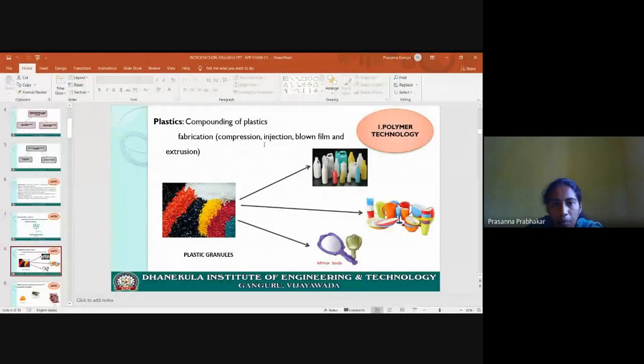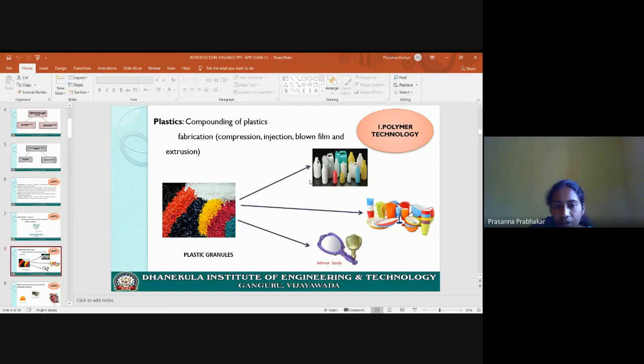Next, compounding of plastics. The word plastics is derived from the Greek word plastikos, which means being molded into desired shapes. Compounding of plastics means that plastics have some features and characteristics, but we add extra ingredients to the plastic material to improve its desired qualities.